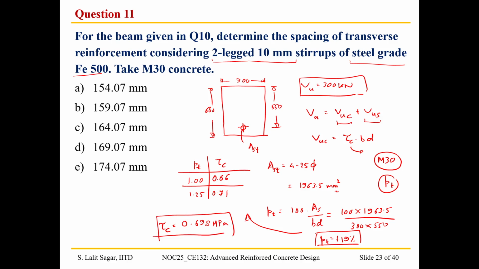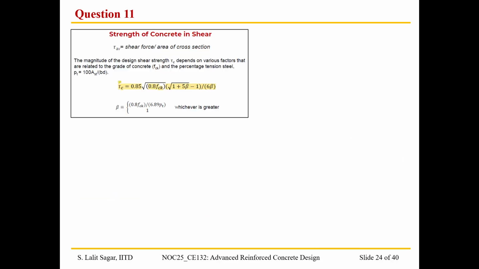Let us go to the next slide and continue the rest of the problem. There are two ways of determining the value of tau c: one from this particular equation, or we can take it from table 19 of IS 456.